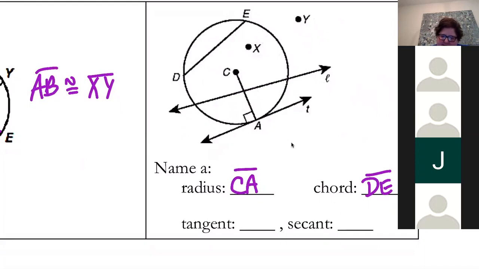Okay, tangent would be line T. And remember, you don't name it line A because A is a point. Since there's not 2 points on the line, you'll just call it line T. A tangent is a line that is in the plane of the circle and hits it in exactly 1 point. And then lastly, a secant is a line that intersects the circle in 2 points. So the secant would be line L.